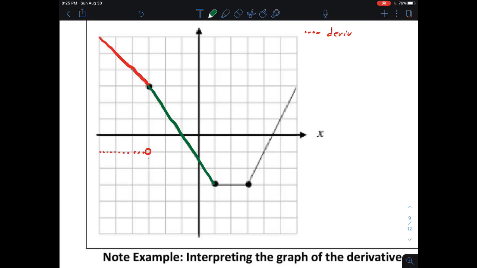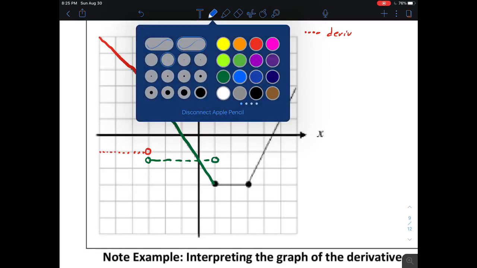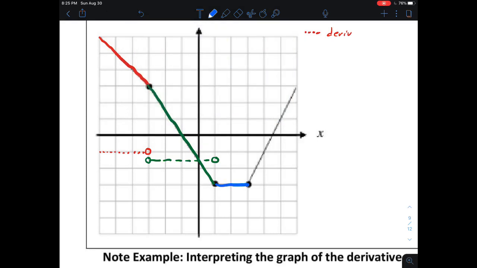So at -1.5, that's going to be the y value, until I get to x equal to 1. And then once I get to x equal to 1, the function is a horizontal line, which means it has 0 slope, which means the value of the derivative is going to equal 0, so it's going to be going along the x-axis. Forgot I was doing dotted.